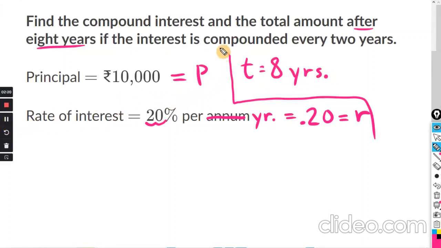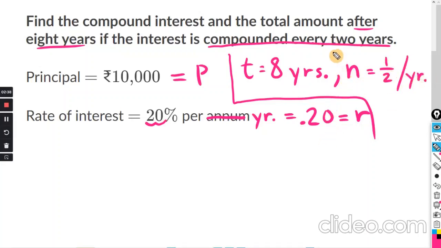The period is compounded every 2 years. Every 1 year would be once per year, but in this case, N is going to be half of a time per year.